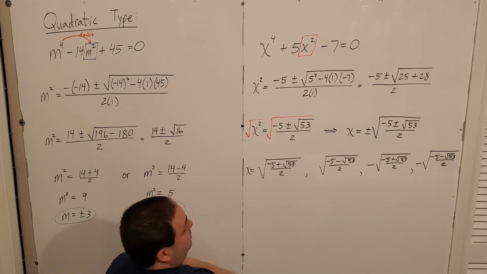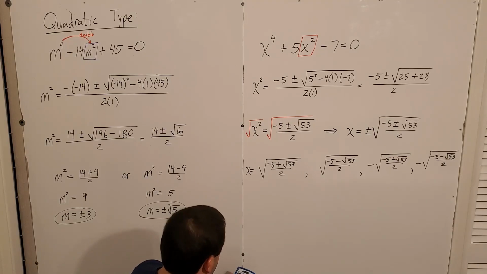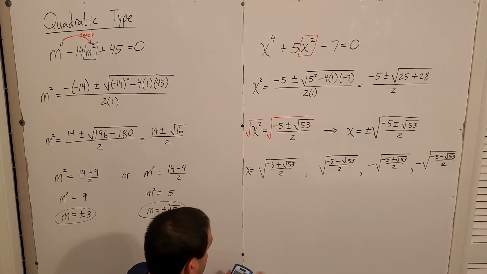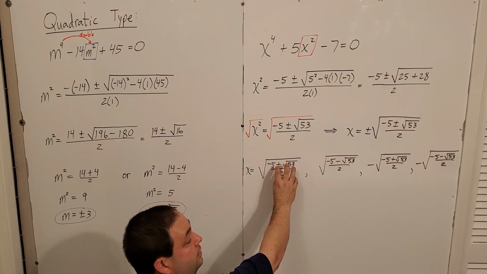Let's go ahead and crunch this first one. Okay, so negative 5 plus square root of 53, and then I'm going to divide by 2. Okay, now I'm getting 1.14 for just the inside portion.